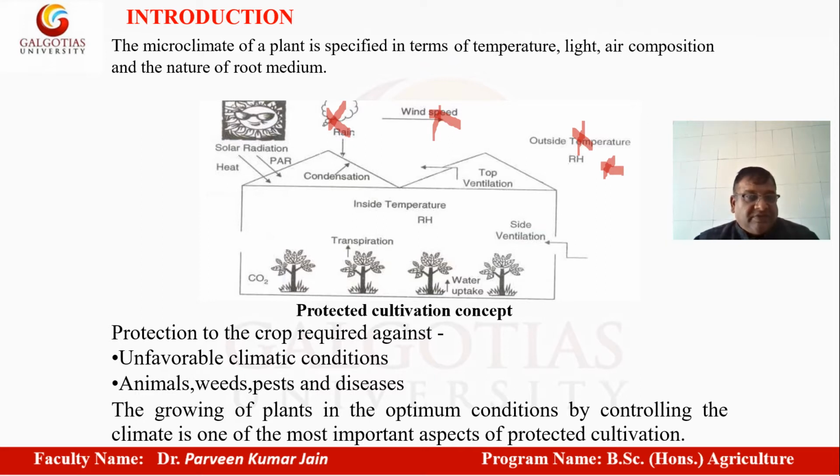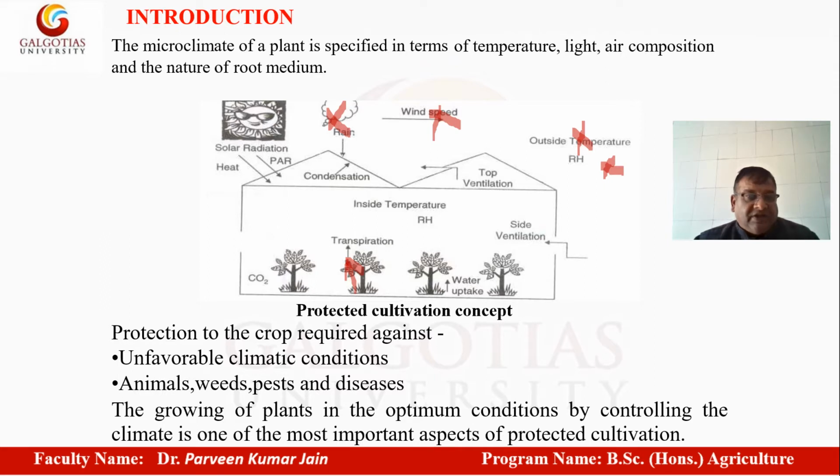Now there is transpiration of water from the ground, and it strikes the surface, and there is condensation which can drip down from the sides of the walls, or the gable sides of the polyhouse. And then the humidity can also be altered inside.